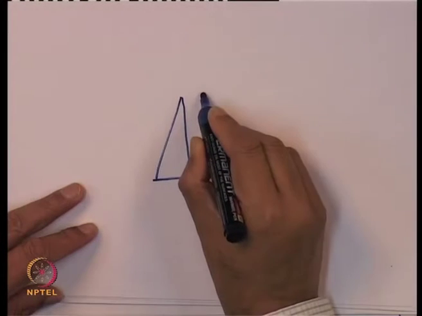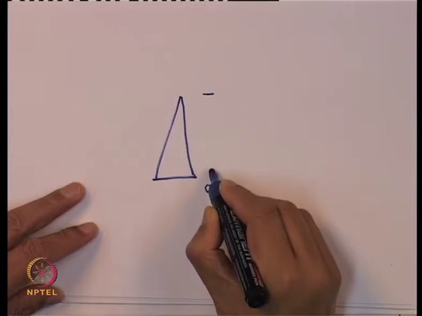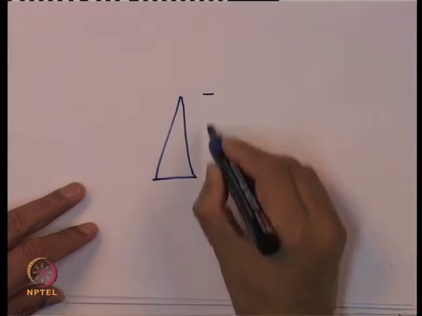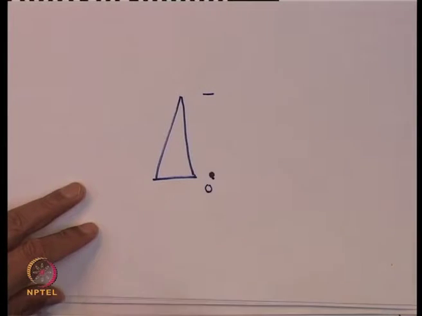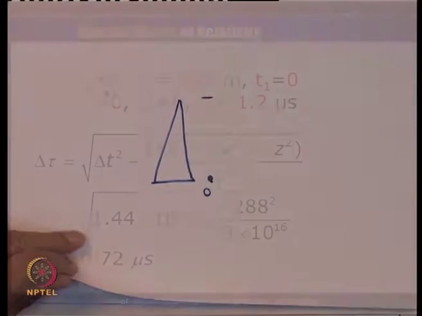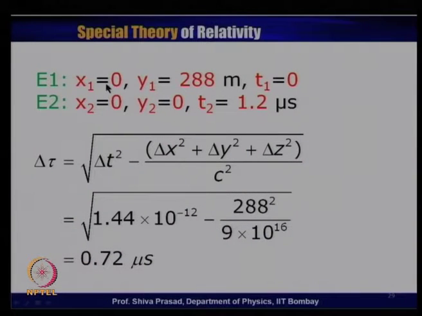So, event number 1 occurs at a y value of 288 meters, and event number 2 occurs at y equal to 0. Of course, for both events, the value of x is 0. So, x1 is equal to 0, y1 is equal to 288 meters, and let us assume that when the particle starts from the top of the tower, time was 0.